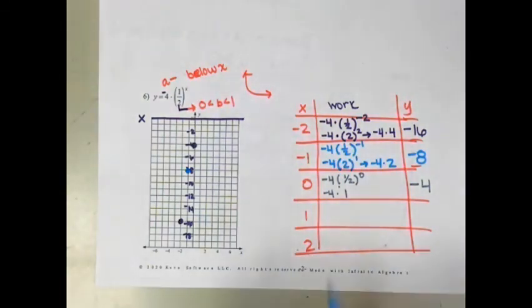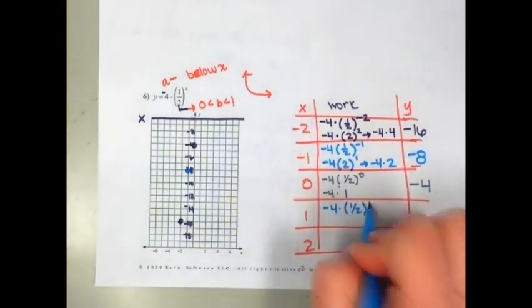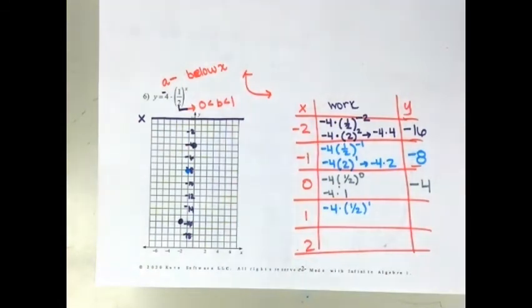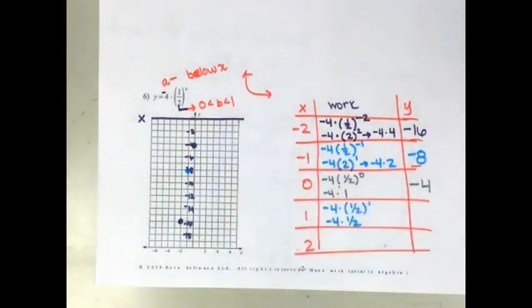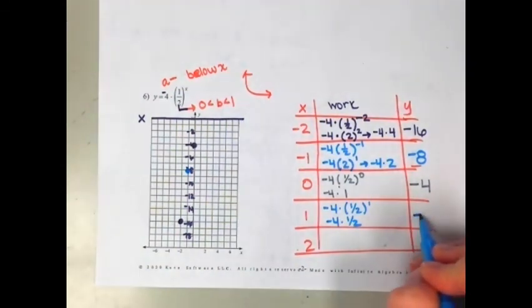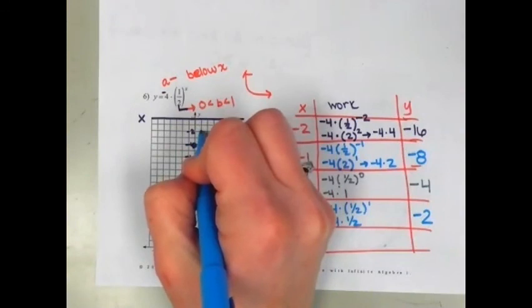Now 1. -4 times 1/2 to the 1st power. What's 1/2 to the 1st power? 1/2. And what's 1/2 times -4? What's 1/2 of -4? -2. Yep, so we have 1, -2.